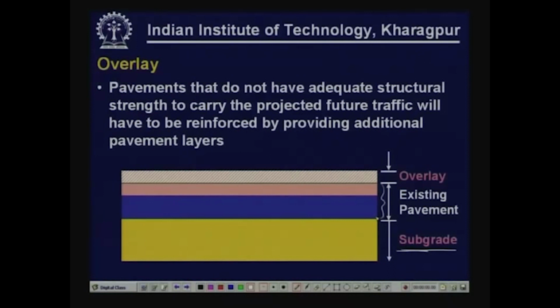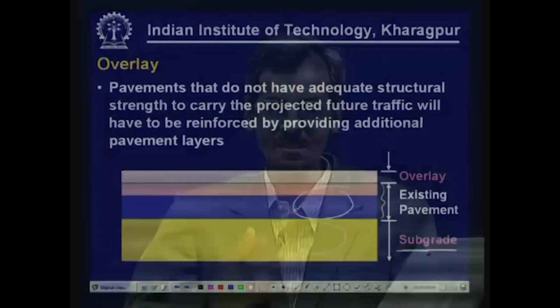If we can assess the strength of these 2 layers placed over the subgrade, then we can assess, if we have a criterion which tells us what strength is required to carry a given number of traffic loads satisfactorily. The important thing is we need to have a criterion which will tell us whether the given existing strength is adequate or not, and if it has to carry more traffic, what should be the initial strength.